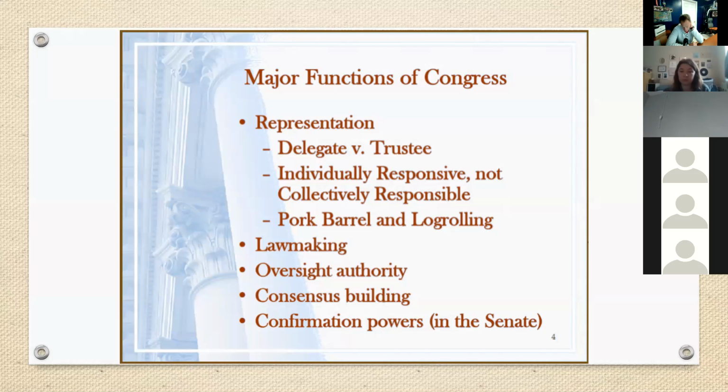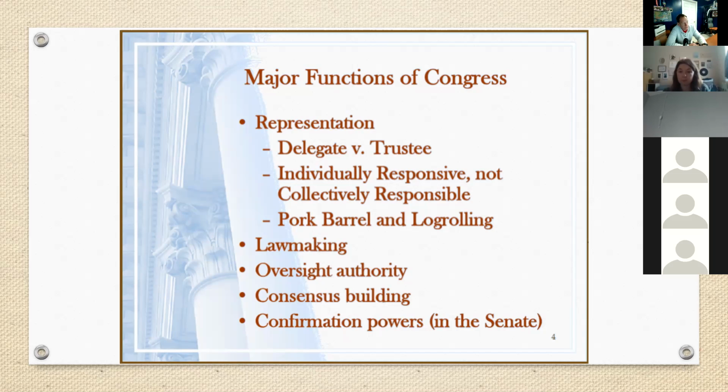So before I vote on this bill, let me check with my voters, let me check with my district. They figure out how a majority of the people in their district want them to vote. So they feel like they're representing a majority of the people.